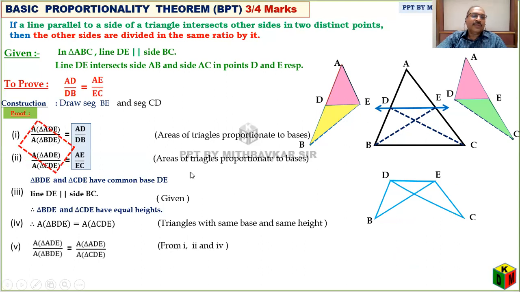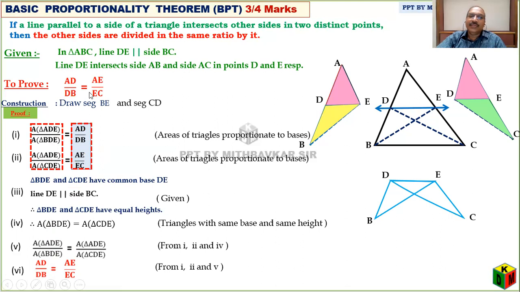So if left hand sides of two statements are equal, what is the conclusion? Right hand sides are equal. So what we get? AD upon DB is equal to AE upon EC. Reasons from 1, 2, and 5.